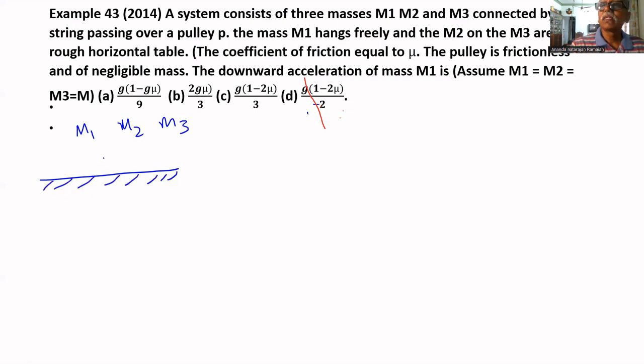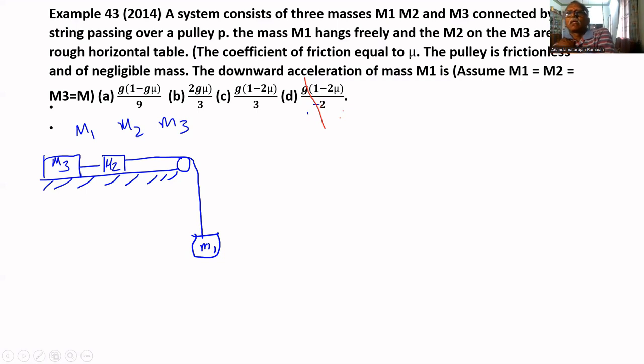In that M2 and M3 are on the table. They are connected by a string passing over a pulley, and this is M1. M1 hangs freely and M2, M3 are on the rough horizontal table.